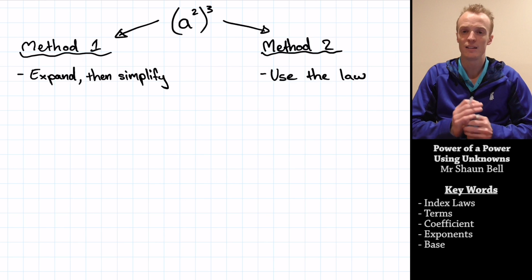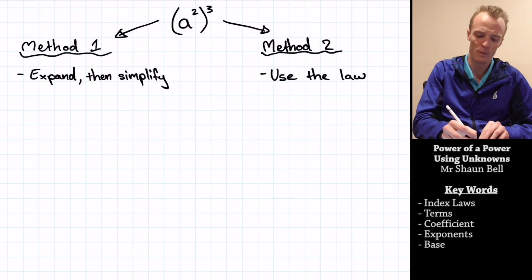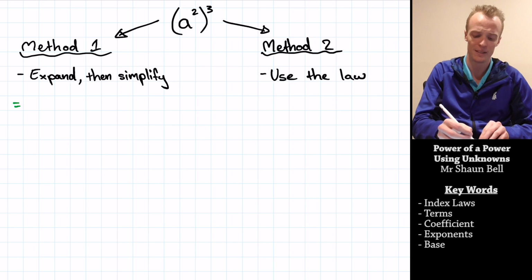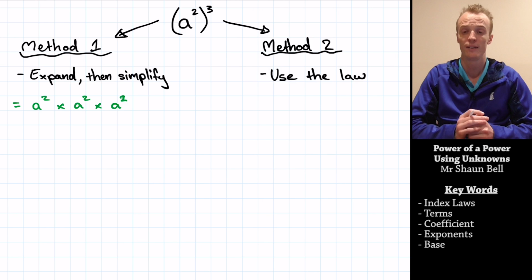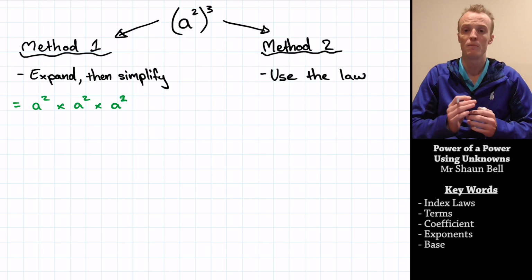I've got a to the power of 2 that's been raised to the power of 3. But what does this mean? Well, when we expand this out, this is the same as saying a to the second power multiplied by itself 3 times. But hang on a second, we're now multiplying indices together, so we can apply our multiplying indices law, which if you want to learn more about is linked below.